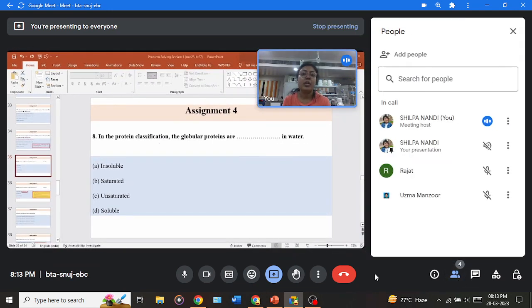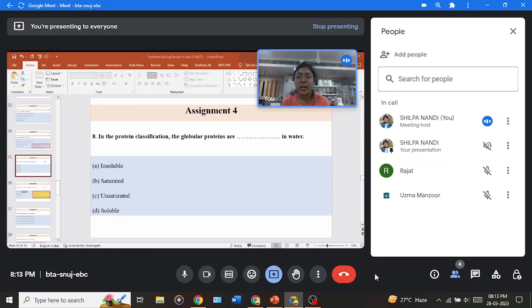If you try to recall, I said that fibrous proteins are actually insoluble in water, whereas globular proteins are soluble in water. So the correct answer to this question is option D, soluble.